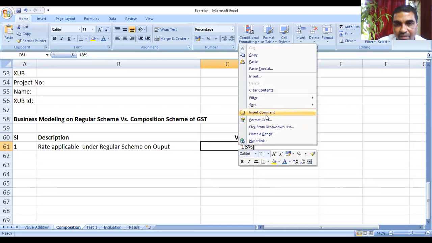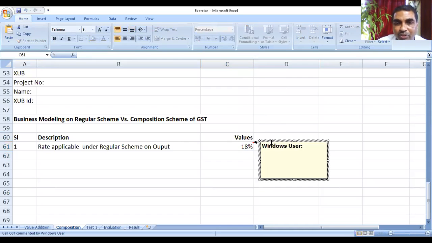Insert comment. Use this command. So here I will write a comment: refer to rate schedule.